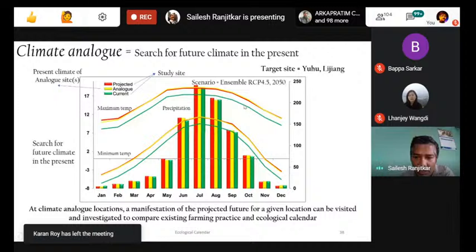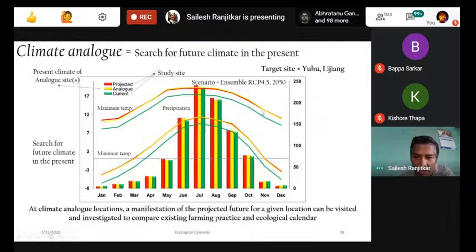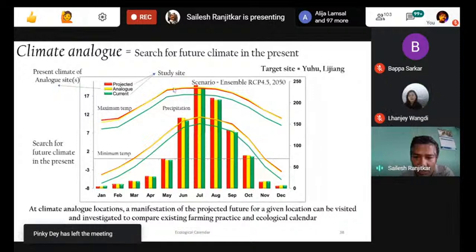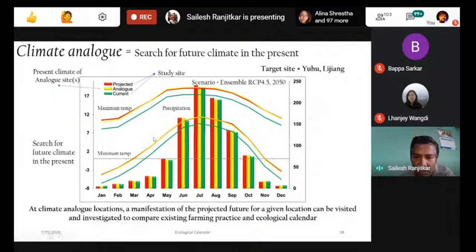We searched where a similar climate could potentially be located at present. So we found an almost similar climate. You can see minimum temperatures are almost similar, maximum temperature deviates a little bit, and precipitation is almost similar.